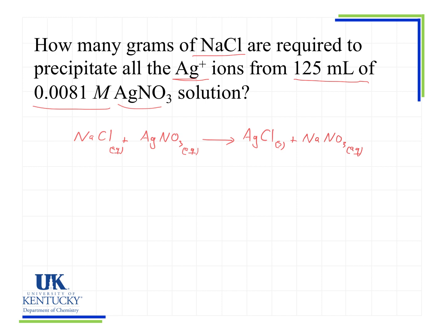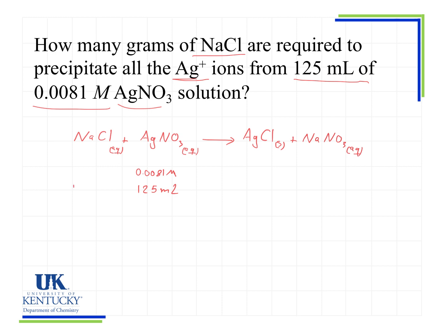So what information do we have? We have the molarity of silver nitrate. So we know the molarity is 0.0081 molar, and we have the volume. So we have 125 milliliter of this solution. What do we want?